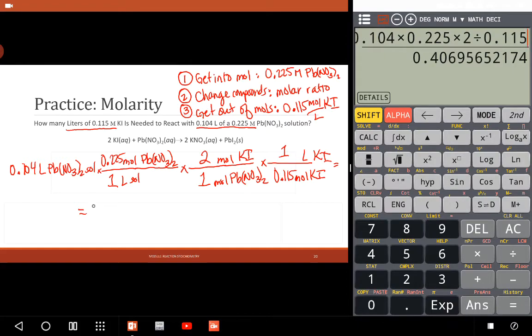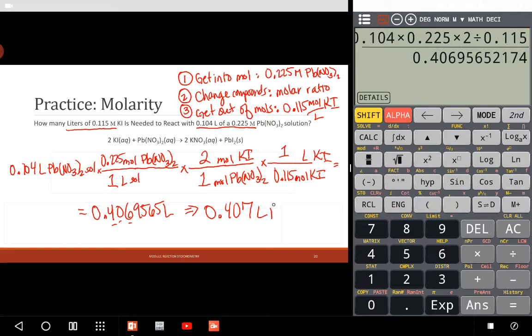So that tells me I have 0.406955 liters. And so let's see, how many sig figs? That has 3 and that has 3, so I'm going to need 3 sig figs. And so that would round to 0.407 liters of the potassium iodide.